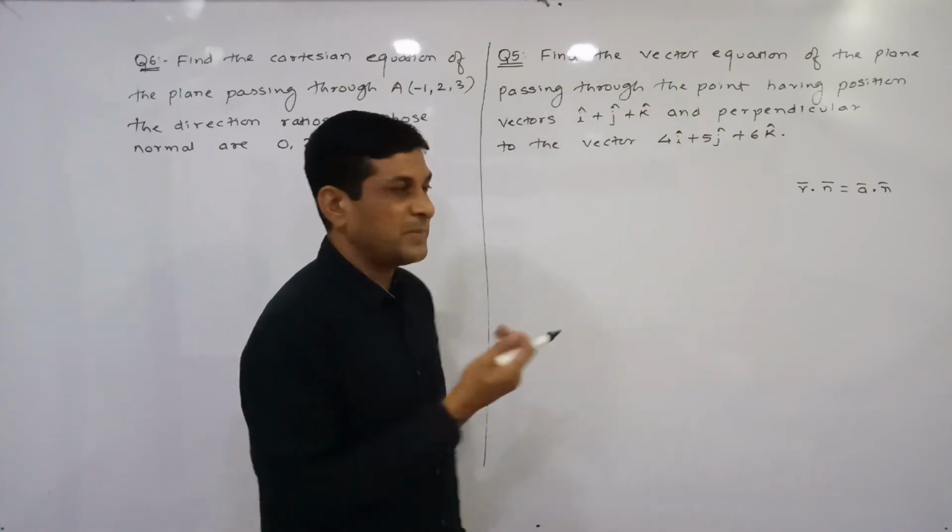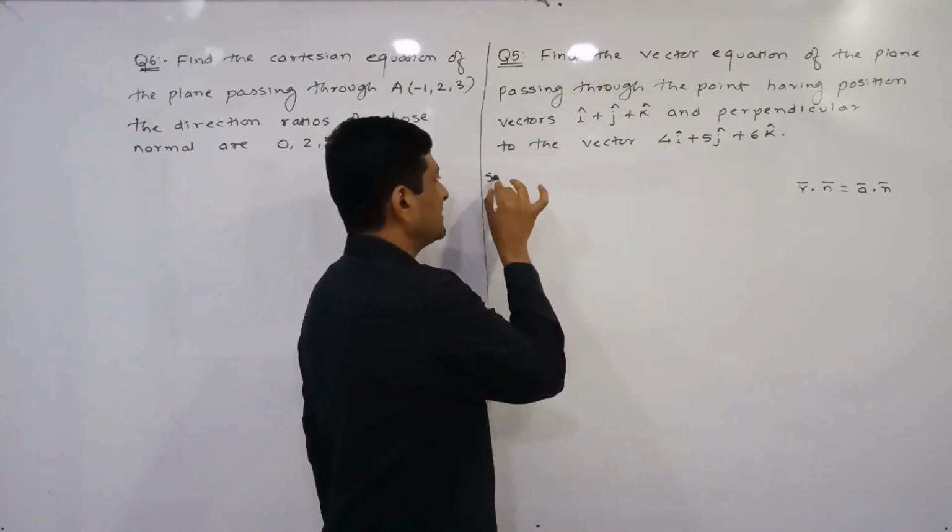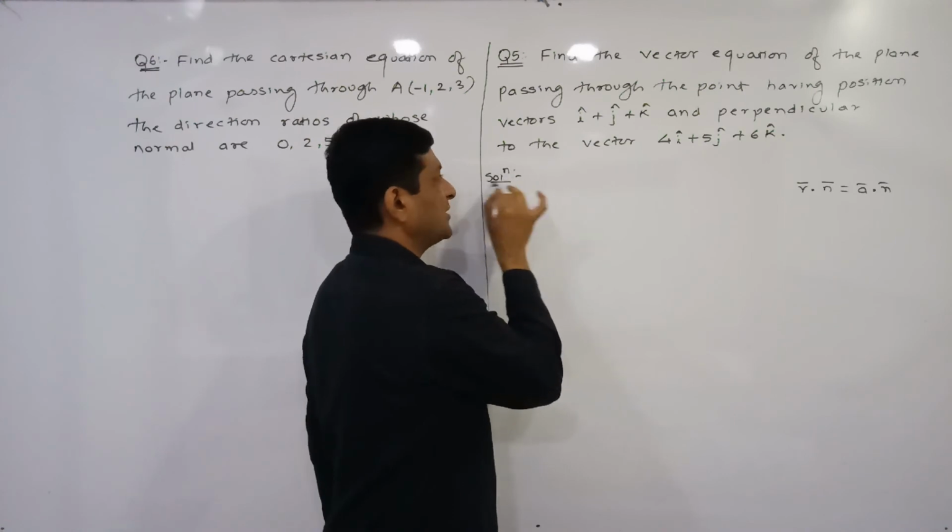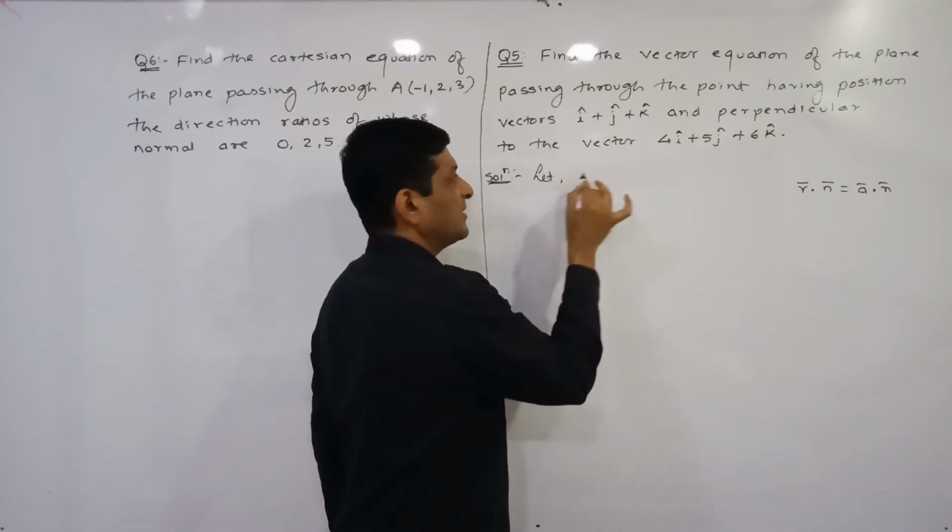So here the position vector of a point on the plane, we denote it by A bar.